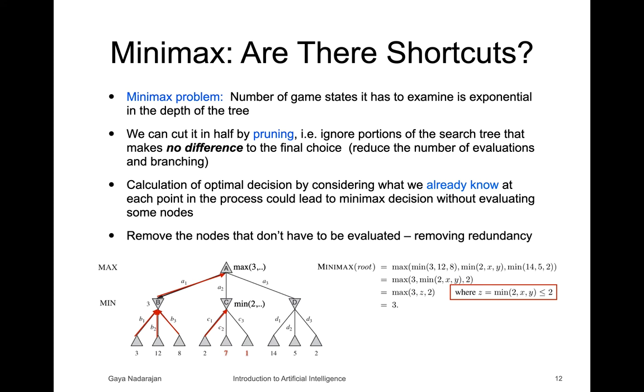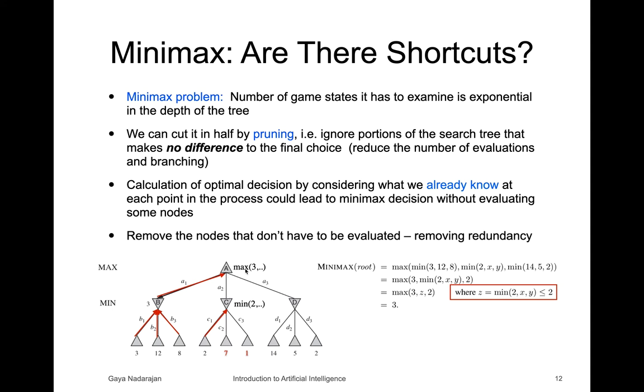So if C has values like 7 or 1, or 70 and 1, or 700 and 7,000, it's going to be 2. But if it's 7 and 1, then C is going to have the value 1. Basically, C is not going to have anything higher than 2. Now, how is that going to affect A up here?